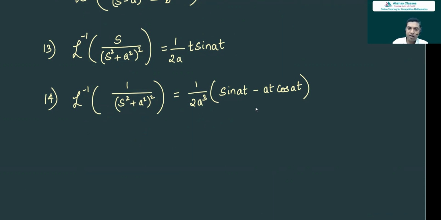Although we can derive this, this is a standard one to remember. These are very important to remember. Others by logic we can get. This one we have to memorize.